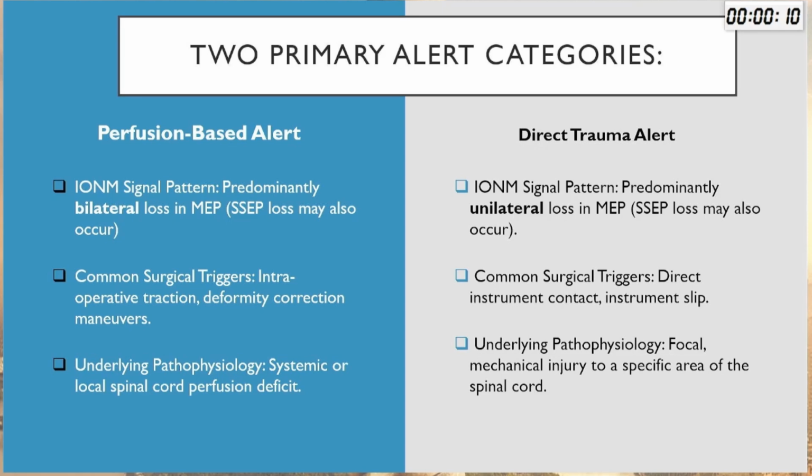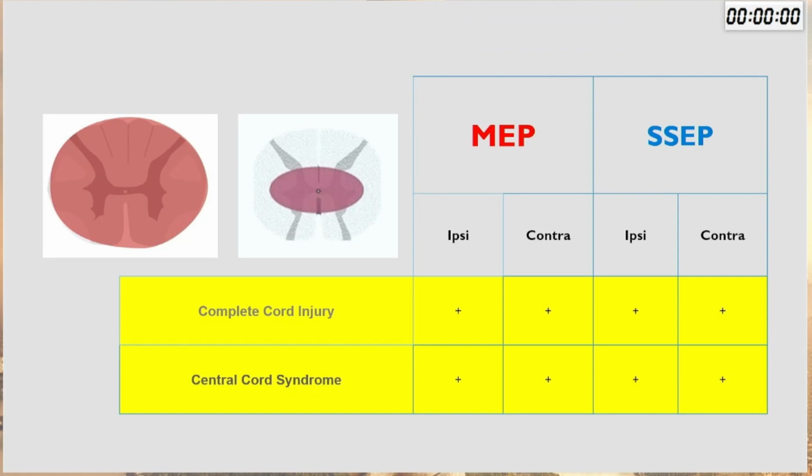The common surgical triggers for a perfusion-based alert are intraoperative excessive traction, deformity correction, or sometimes when you are closing your osteotomy. The common surgical trigger for a direct trauma alert is usually direct instrument contact or instrument slip. So again, if you have a complete cord or central cord syndrome, you have bilateral affection or a drop in the motor evoked potentials and the somatosensory evoked potentials.